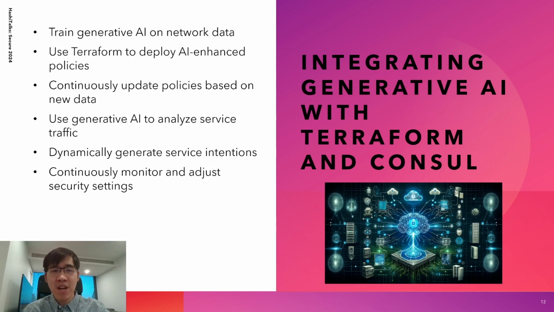And because the Gen AI model is already trained on the network configurations, it can understand what would have to be prevented and what would be suggested, and generate a Terraform file to be used for deployment.